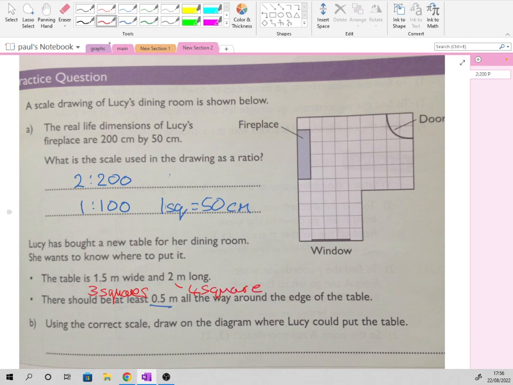And you've got a gap around it of 1 square. And we can draw it anywhere we like, as long as it's a 3 by 4. So, yeah, 3 by 4, no, let's draw it there.